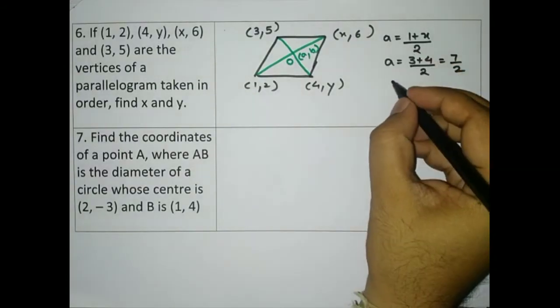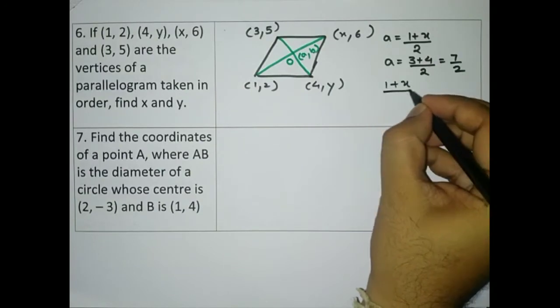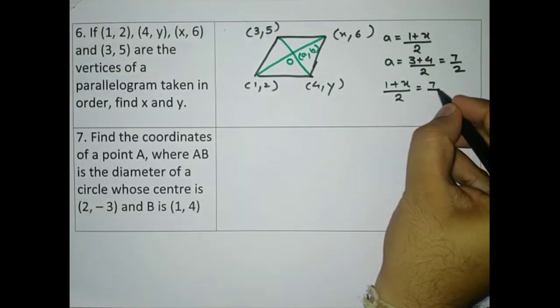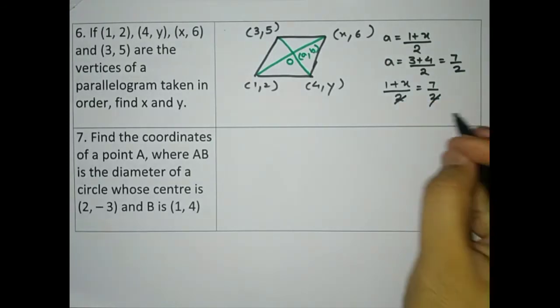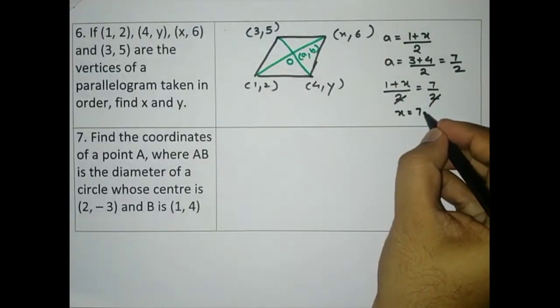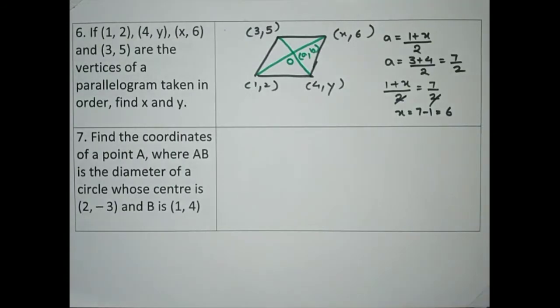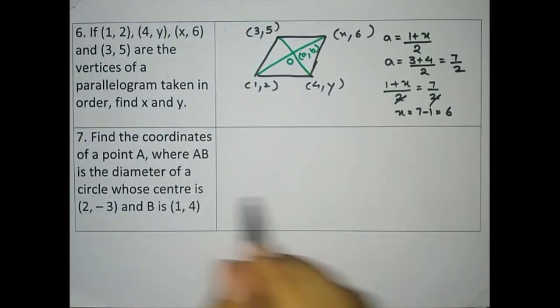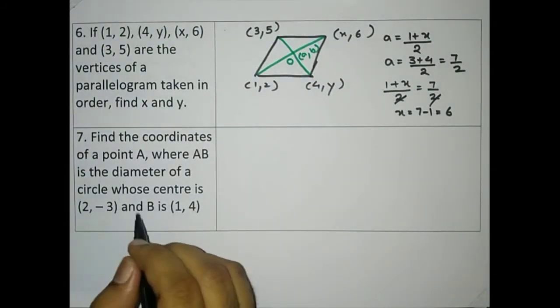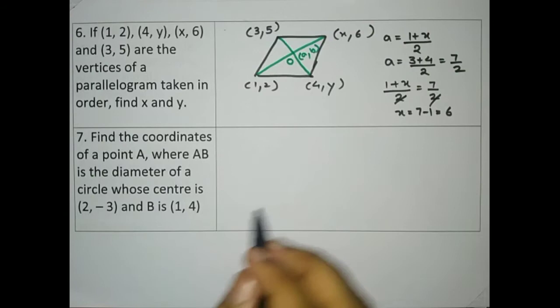So if I equate them, it becomes 1 plus x over 2 equal to 7 over 2. The 2 cancels out and 1 goes to the other side. It becomes 7 minus 1, that is 6. So I got the value of x as 6. Similarly, from the value of b we can find y. I leave it as homework.